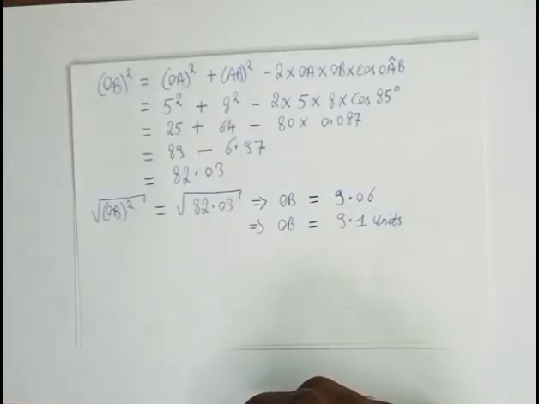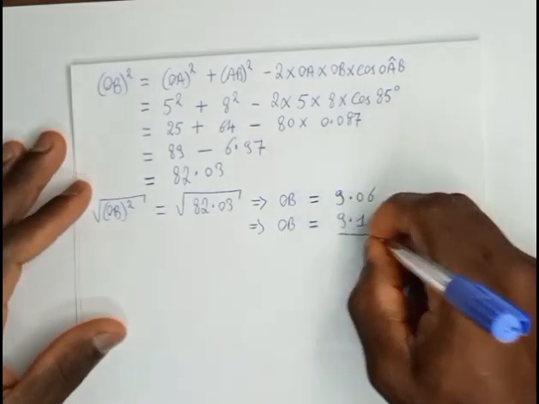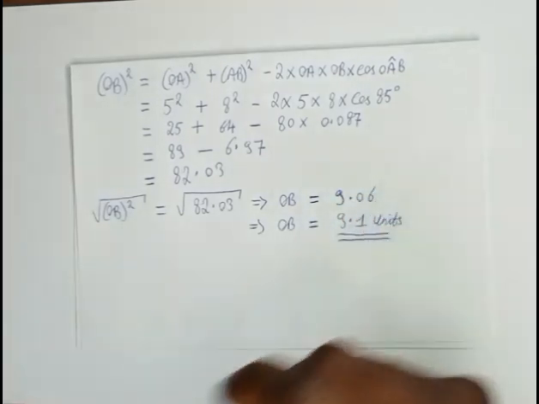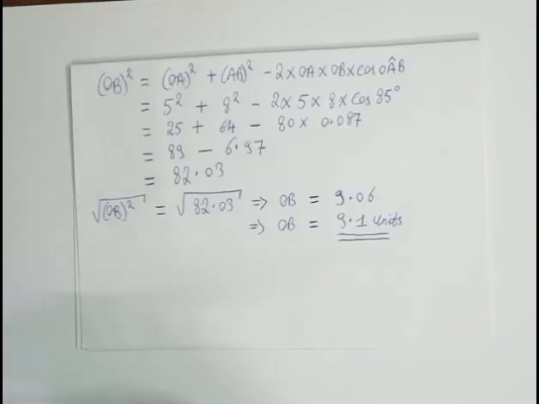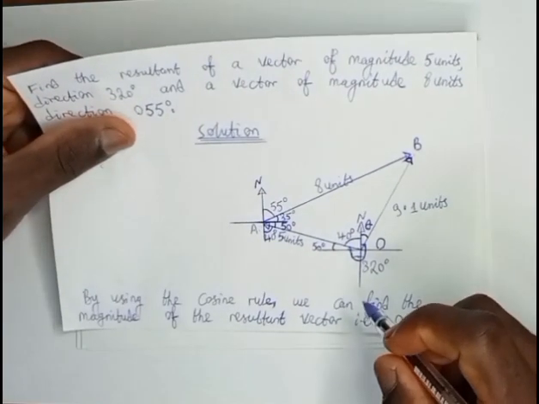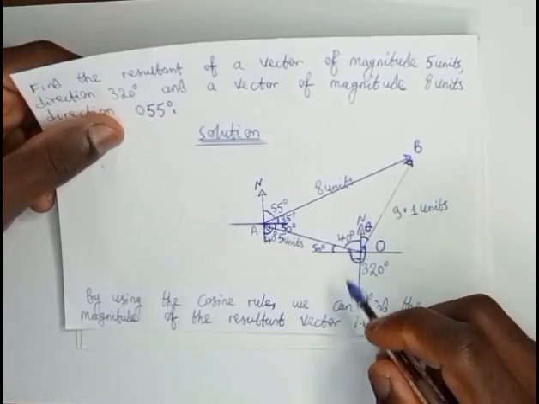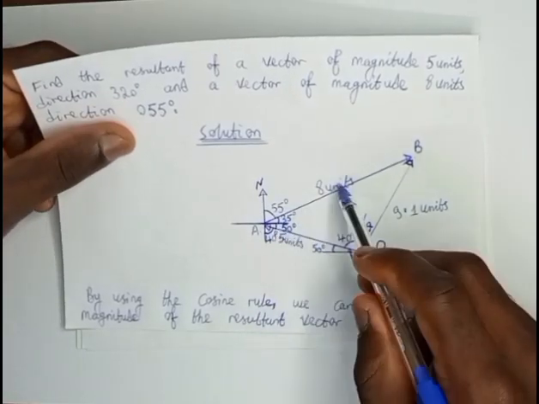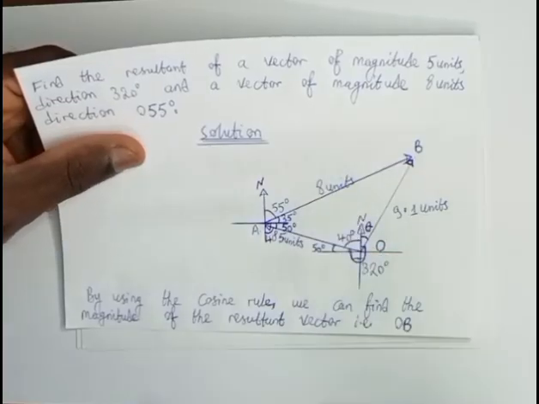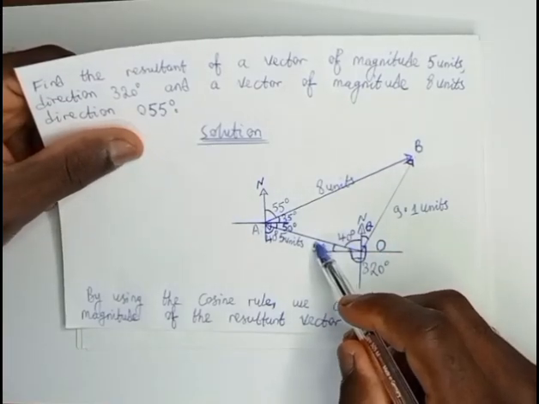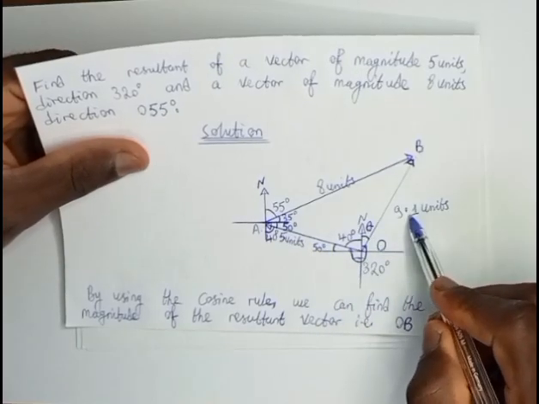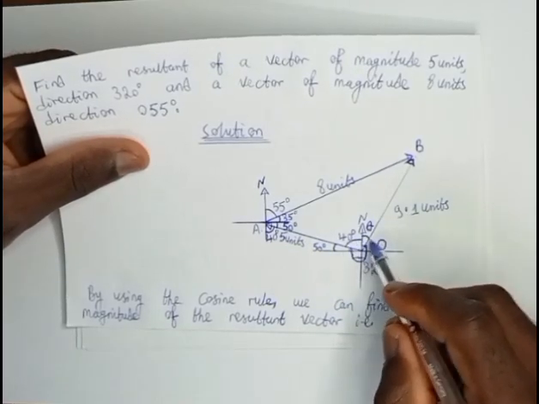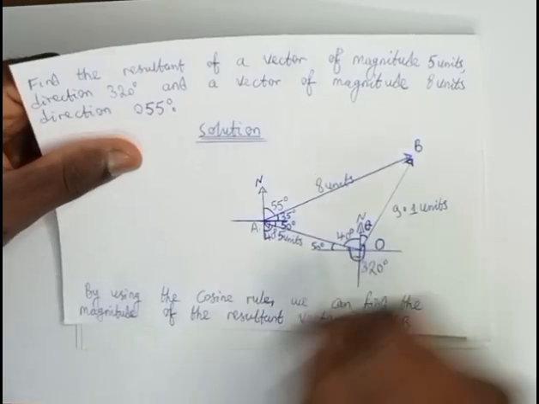Next step, we have to find the direction. For us to find the direction of this vector, we are going to make use of the sine rule. We know this angle, we know this side, we know this other side. Then this angle will simply be 40 degrees plus theta.